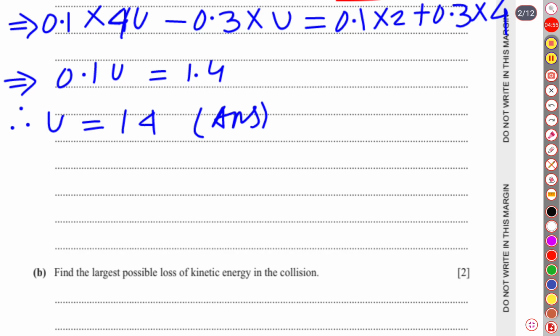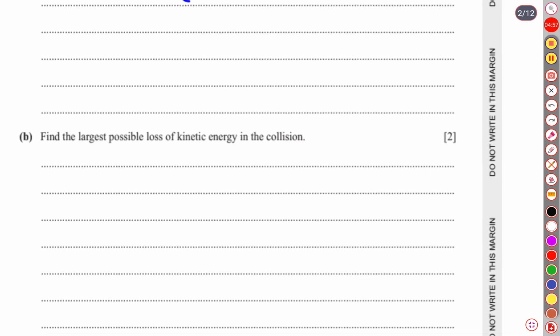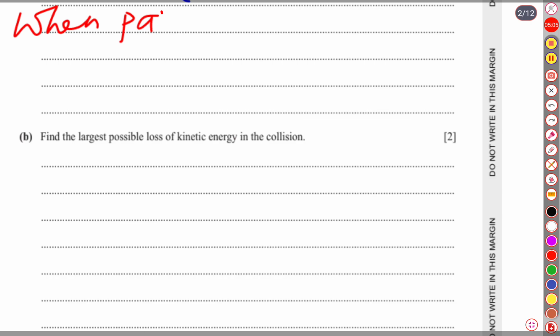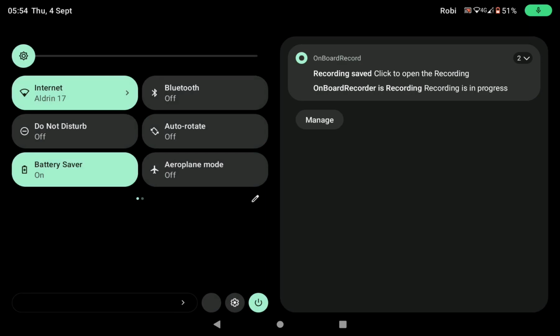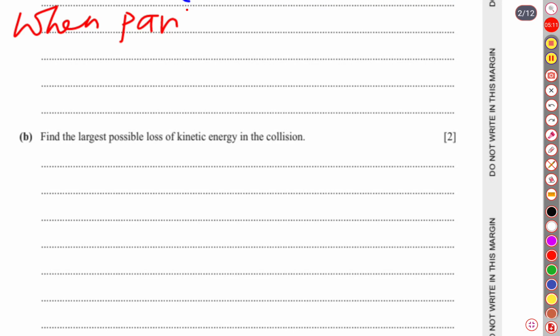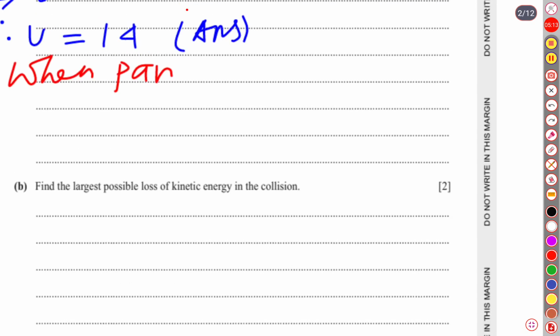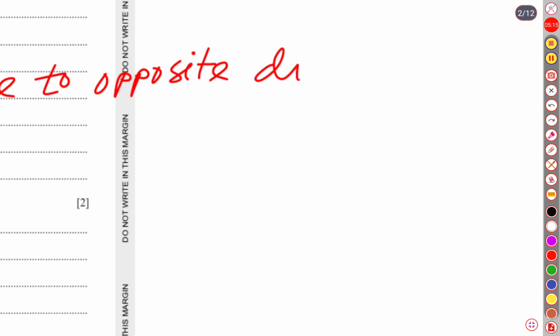Well, now the second possible case, we will write when particles move in opposite direction.